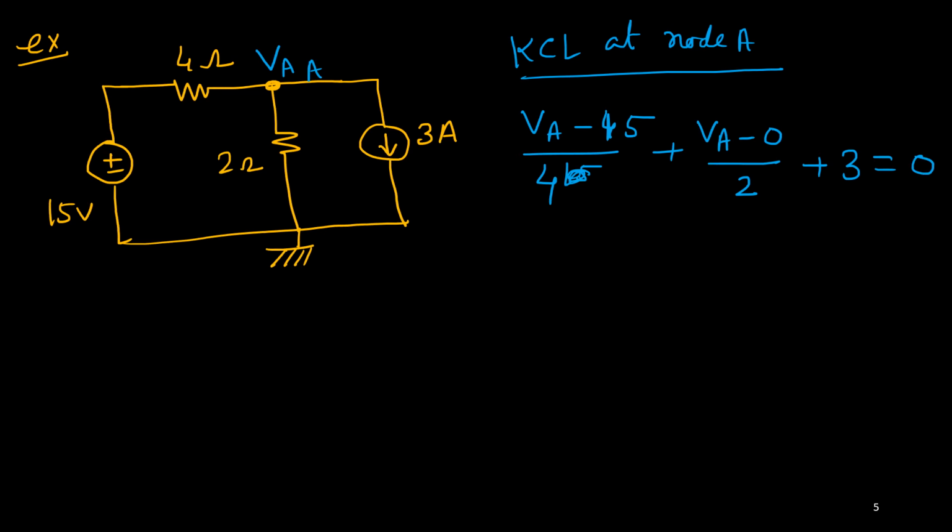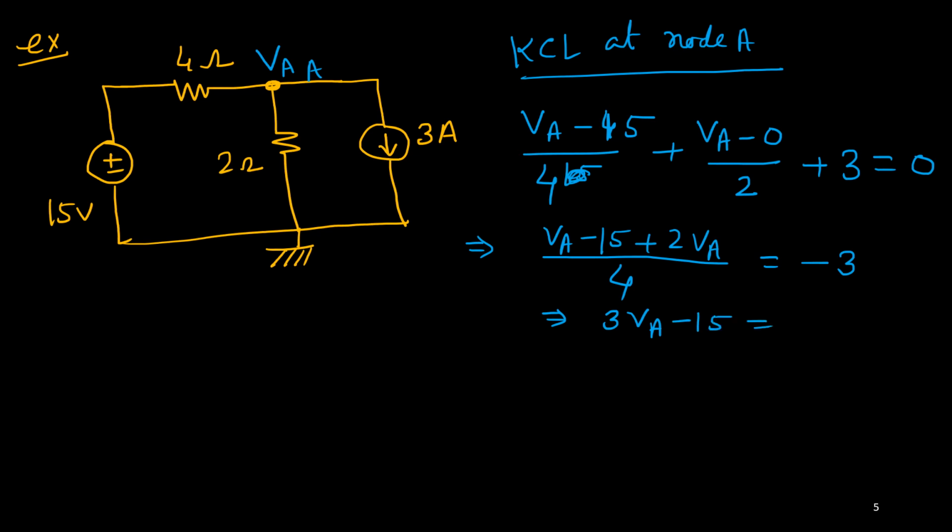Now we can simplify. Here we can take LCM 4. This is VA minus 15, plus 2 VA, and this 3 I can take to the right side as minus 3. So 2 VA and VA make 3 VA, minus 15 equals minus 12.